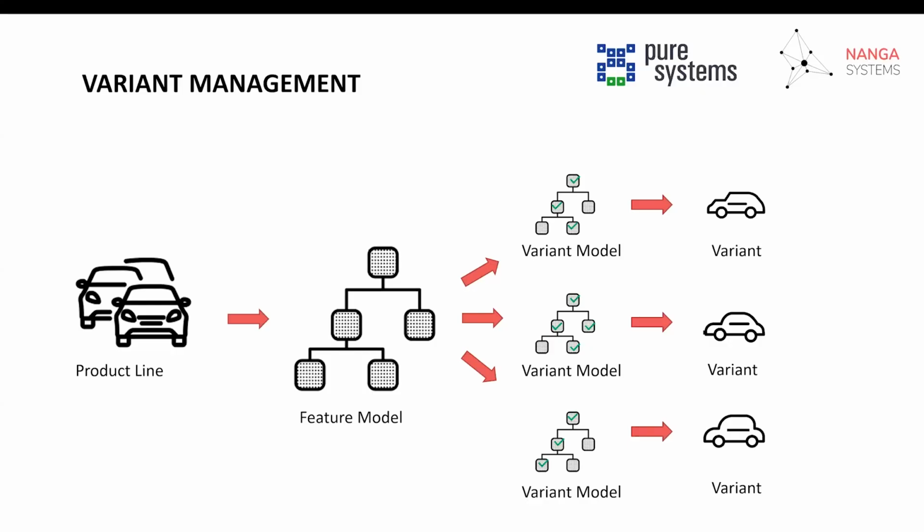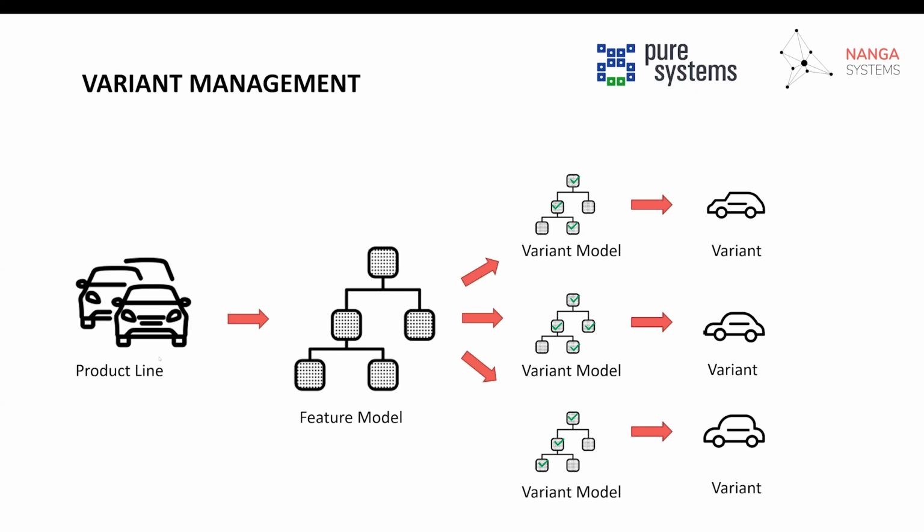We will now start. Before having the deep dive into Codebeamer and pure::variants, I shortly want to present you a wrap-up about variant management. As Oliver already told, normally we have the product line on the left side.